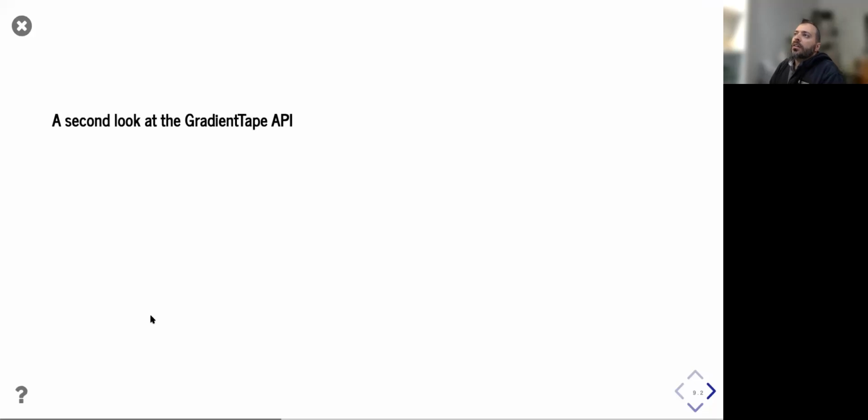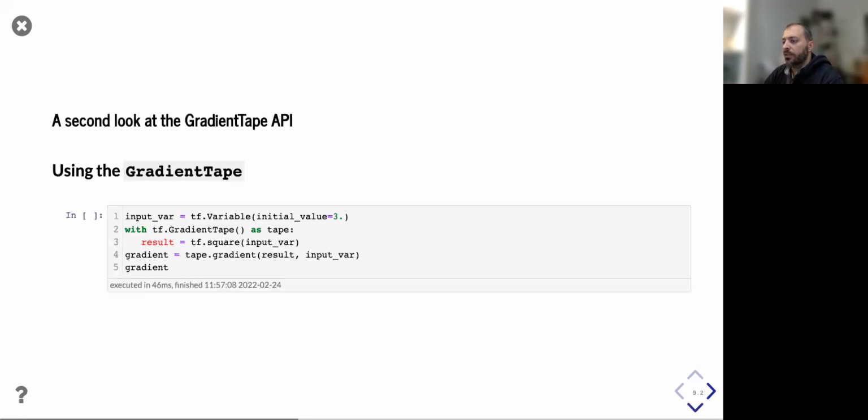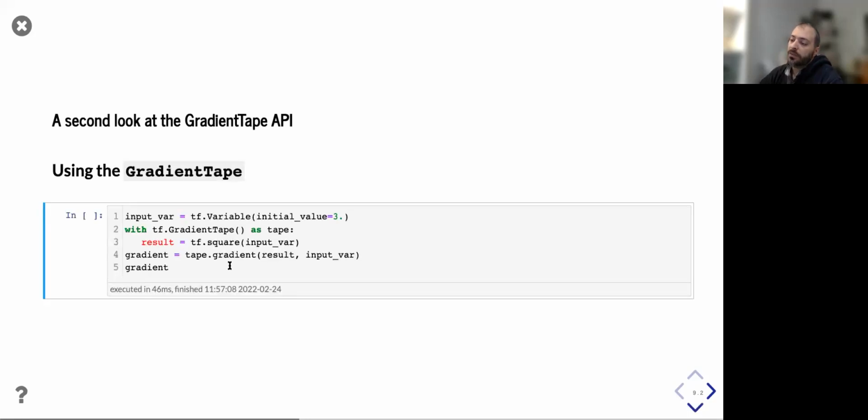Now, these are simple mathematical operations. Let's move to something that we saw the last chapter, which is gradient tape. And again, it's very much at the core of what TensorFlow does. So let's see again how we use gradient tape. Let's define a variable, initialize it with some value. Again, this is a scalar, so rank 0 tensor, if you remember from the last time.